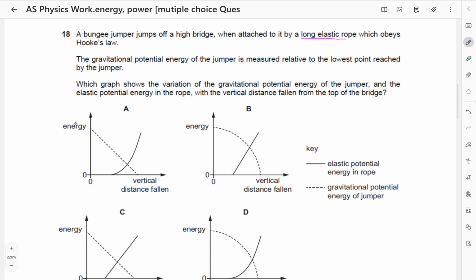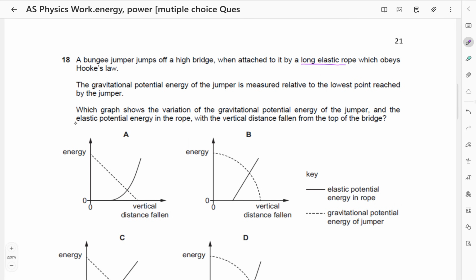Which graph shows the variation of the gravitational potential energy of the jumper and the elastic potential energy in the rope with the vertical distance fallen from the top of the bridge? So number one, I want you to note that elastic potential energy is equal to a half kx squared.